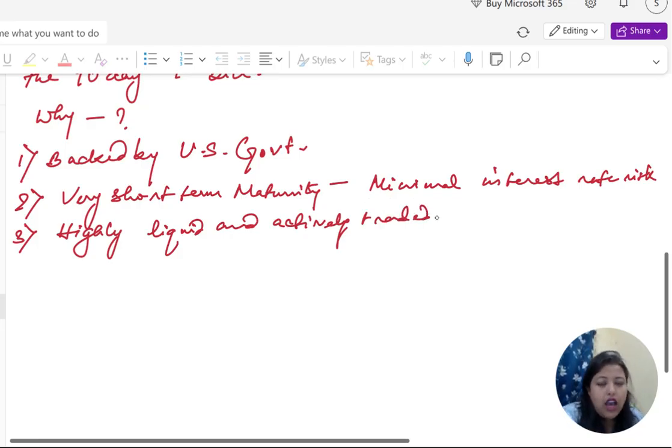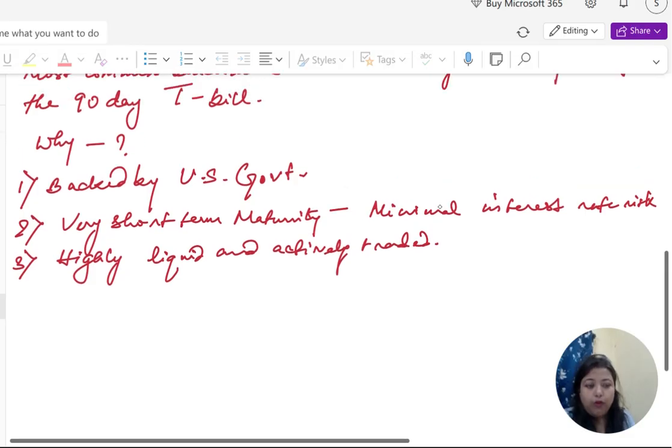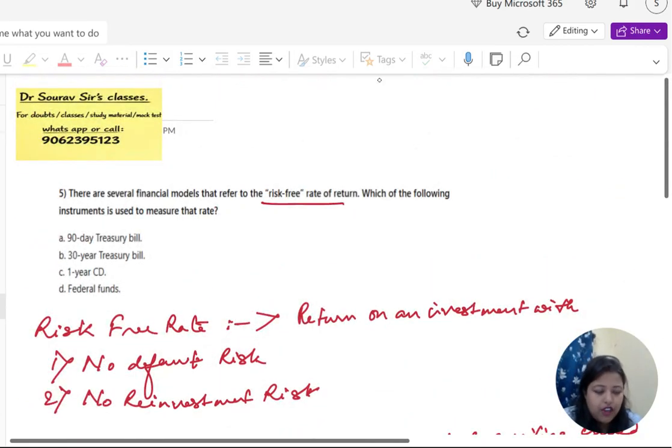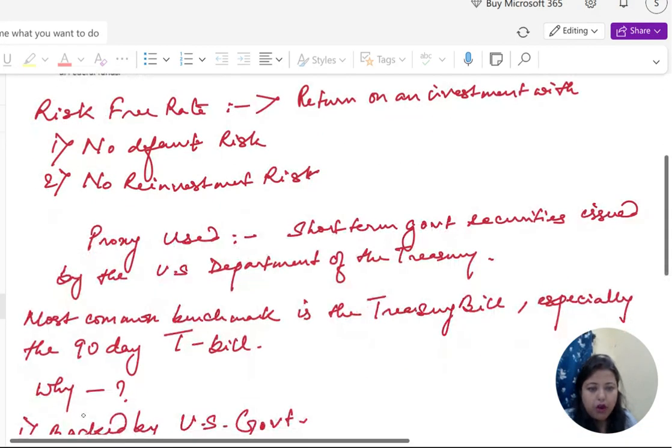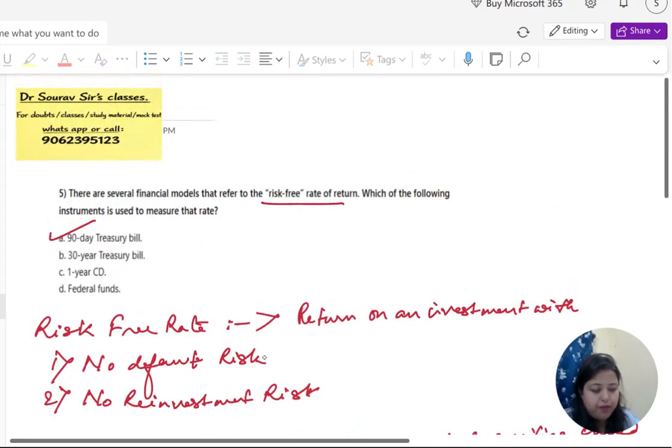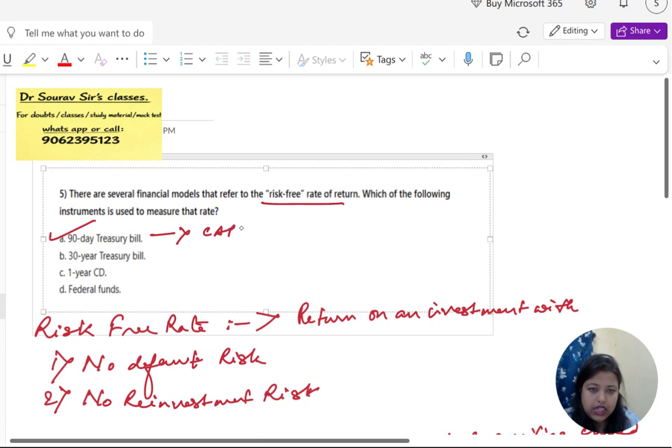Got it? Now let's evaluate the options. First, 90-day treasury bill. We have just talked about it. This is a standard risk free proxy used in CAPM, capital asset pricing model. It is used in CAPM.